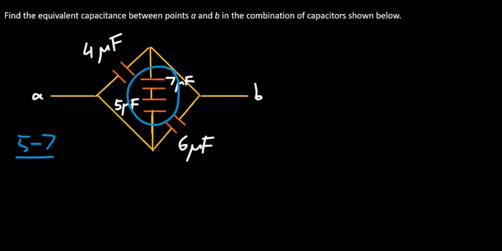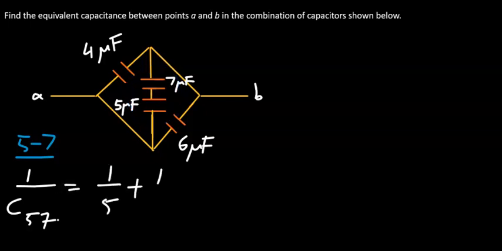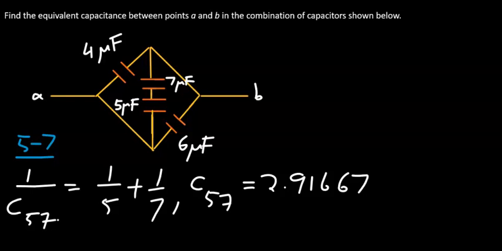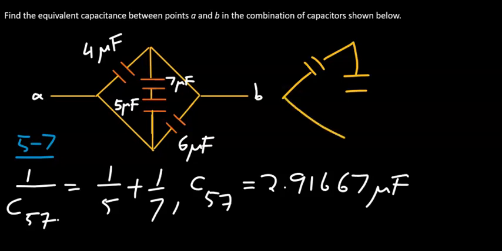Since they are in series, 1 over C57, where C57 is the equivalent capacitance that we obtain by combining these two capacitors in series, is just 1 over 5 plus 1 over 7. So C57 is therefore 2.91667 microfarad.